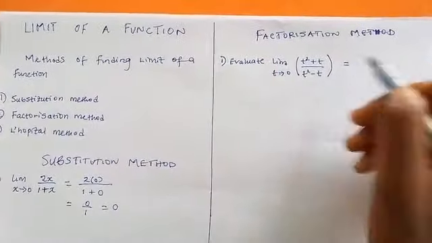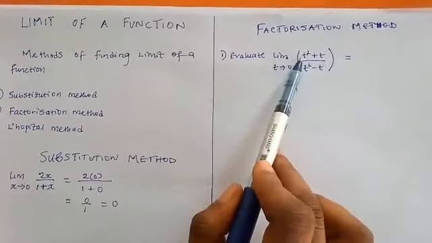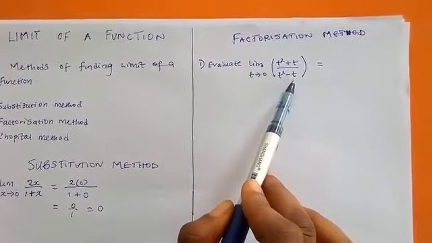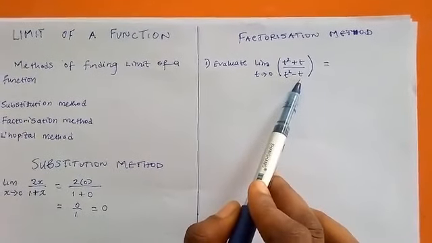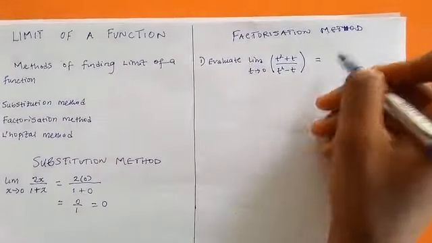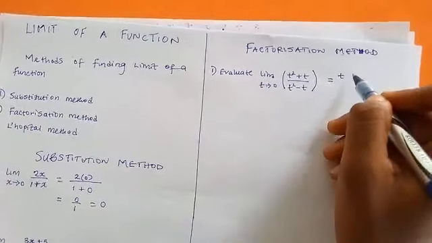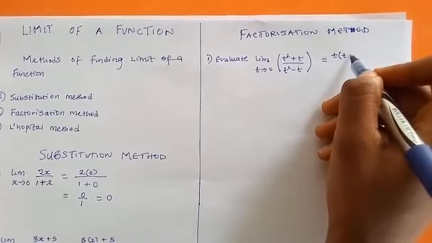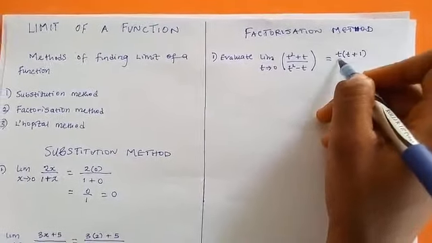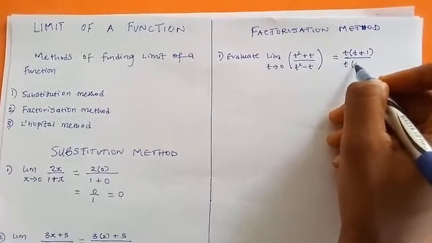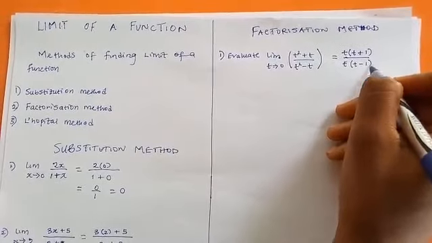From here, we have t squared and we have t. Here we have t squared and we also have t. It's very obvious that t is common in each of them. So you factorize by bringing out t. And when you bring out t, we have t plus 1 over, also bring out the t here, we have t minus 1.